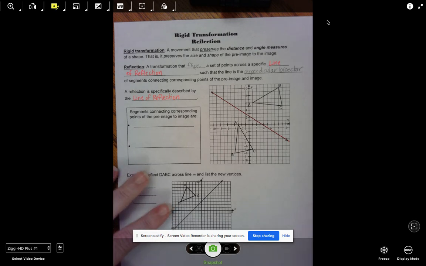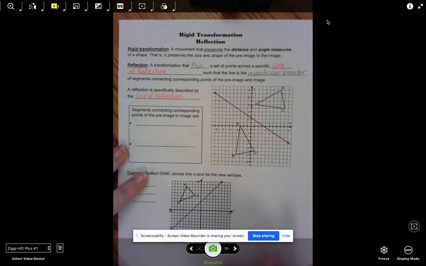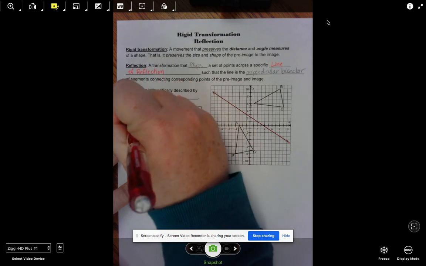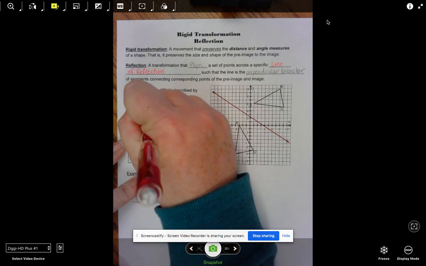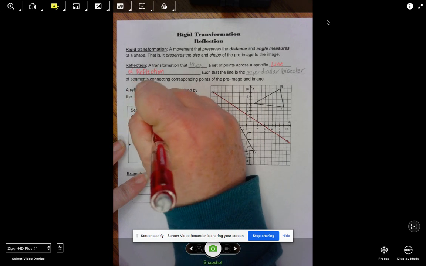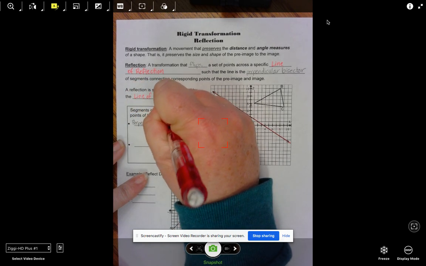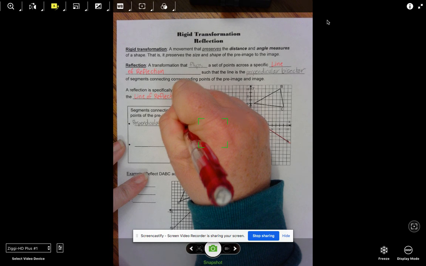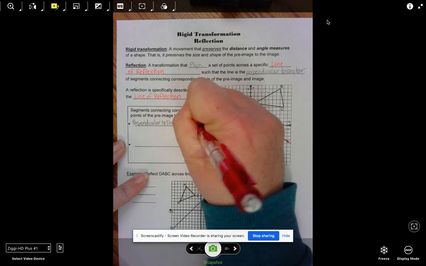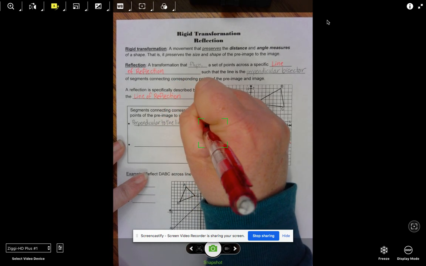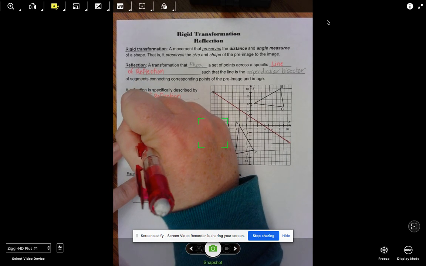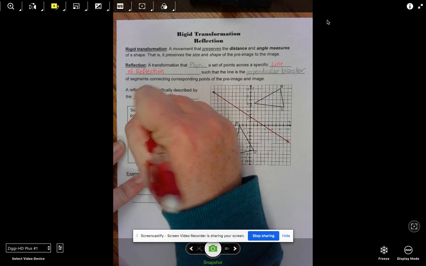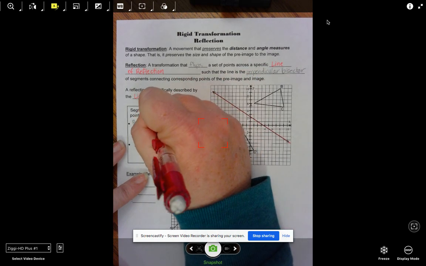Okay, so segments connecting corresponding points of the pre-image to the image are perpendicular to the line of reflection. Which means they have perpendicular slopes, or slopes that are opposite reciprocals.